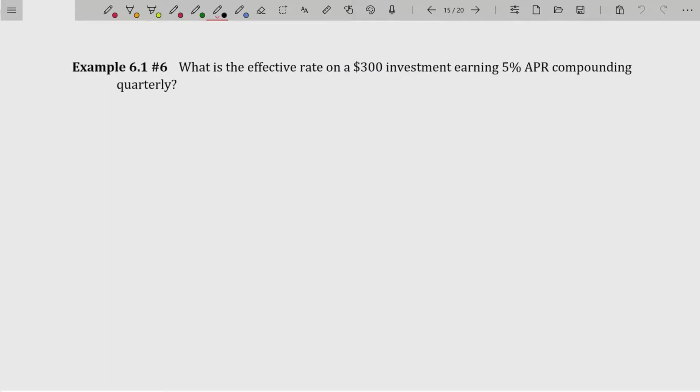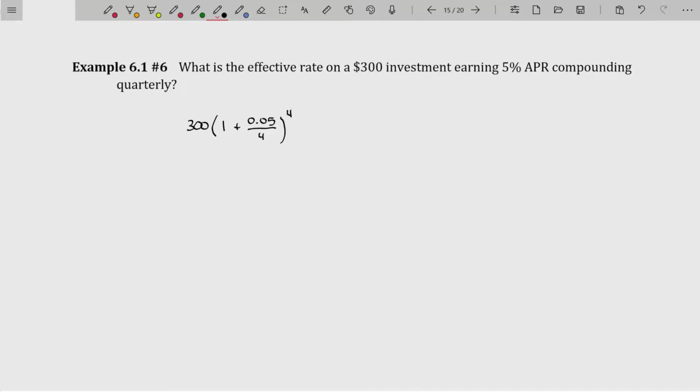So let's do this again, but with an official example, because I just made one up on the spot. What is the effective rate on a $300 investment earning 5% compounding quarterly? So we have $300 earning 5%, compounding 4 times per year.